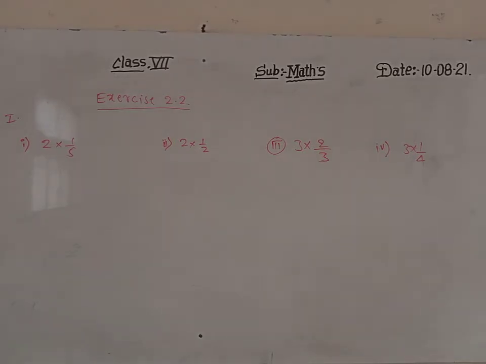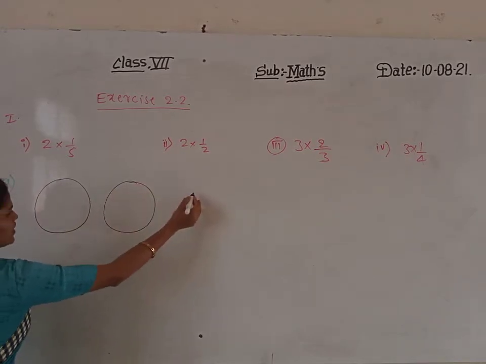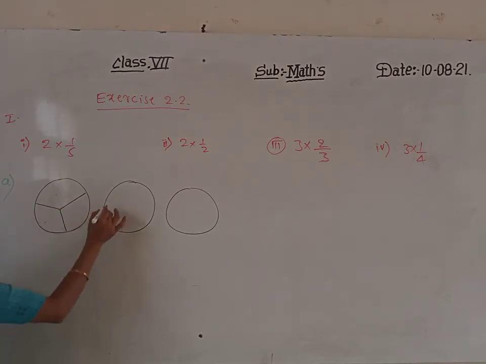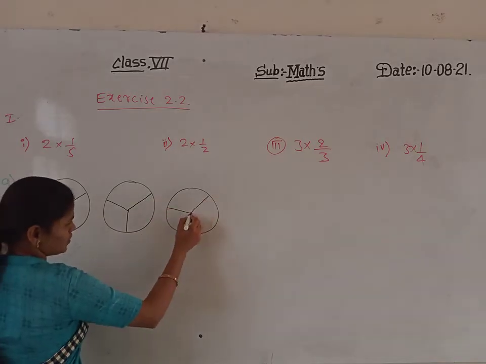What is picture A here? There are 3 balls. From each of the 3 balls, there are 3 equal parts. In this ball, in this ball, in this ball also, there are 3 equal parts. 1, 2, 3. 1, 2, 3. 1, 2, 3.